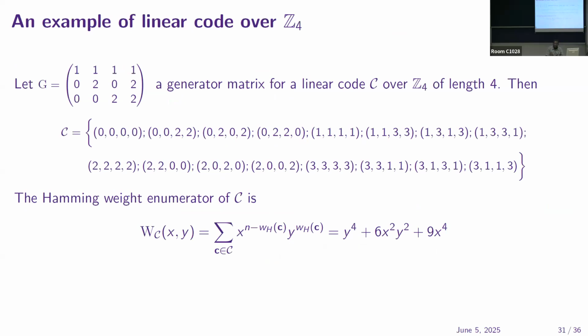We know that there is one codeword of weight 0. Here the weights are 2, 2, 2, 4, 4, 4, 4, 4, 2, 2, 2, 4, 4, 4, 4. We count.